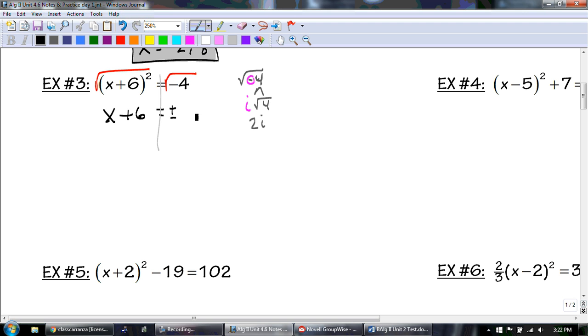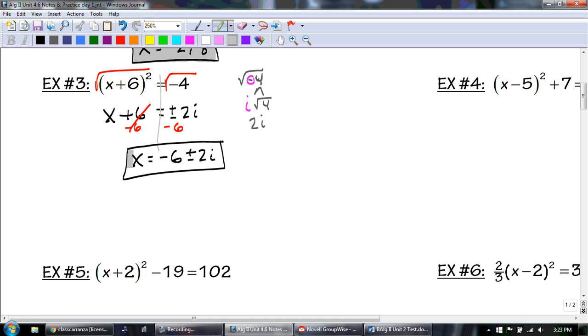So I have plus or minus 2i, and then to solve for x, I would subtract 6 to both sides, and then once again, I'm going to bring the negative 6 out front, plus or minus 2i. I can't do negative 6 plus 2 and negative 6 minus 2 because the i is connected to the 2.